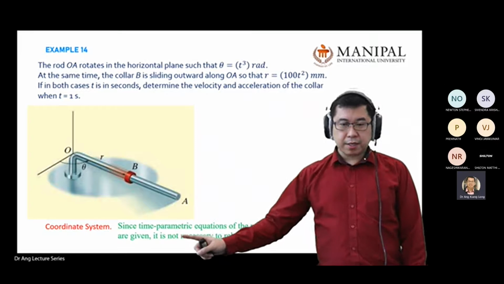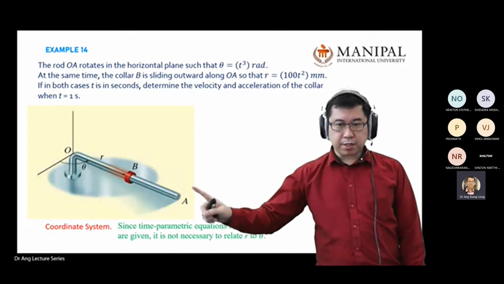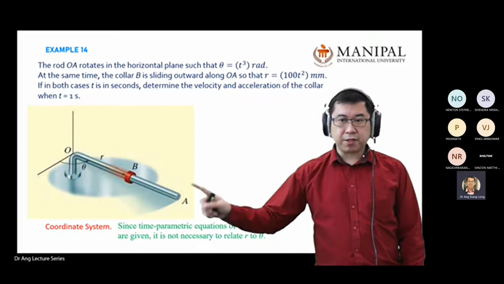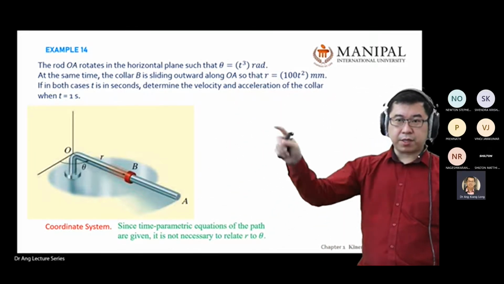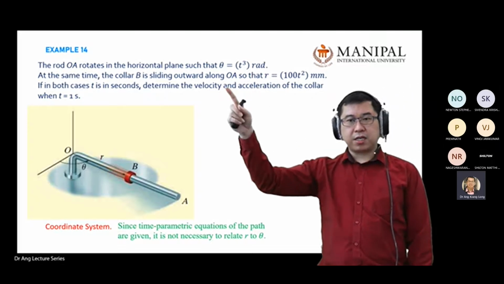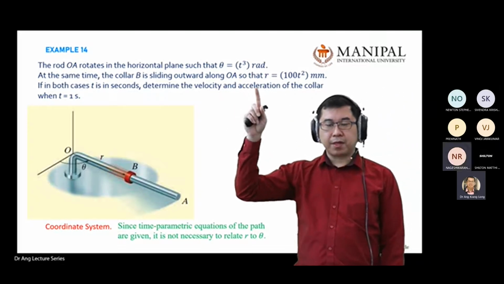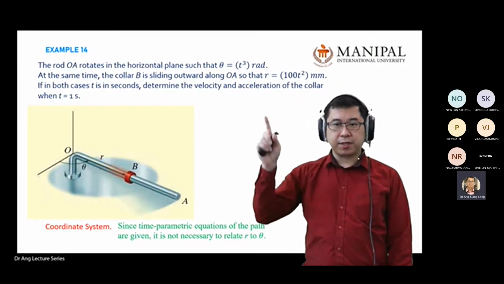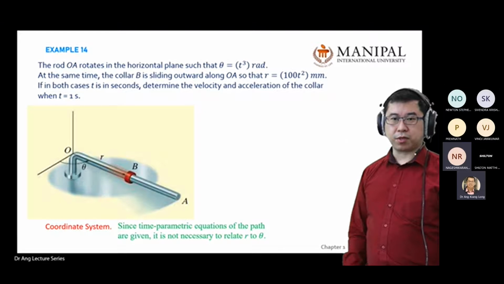In this case, just a reminder, the time parameter equation of the path is given. Because the equation is given, you don't need to consider the more complex issue; you can stick to this equation in your solution.